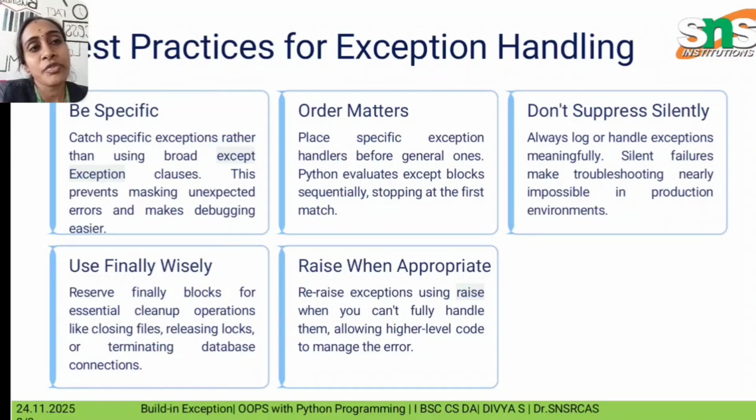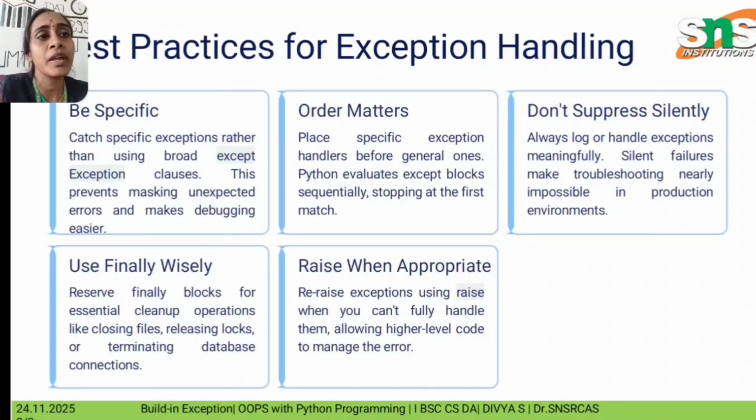So, best practices of exception handling. Be specific: catch specific exceptions rather than general exception classes. This avoids hiding unexpected errors and makes debugging easier. Order matters: place specific exception handlers before general ones, since Python evaluates except blocks sequentially and stops at the first match. Don't suppress errors silently; always log or handle the exception meaningfully.